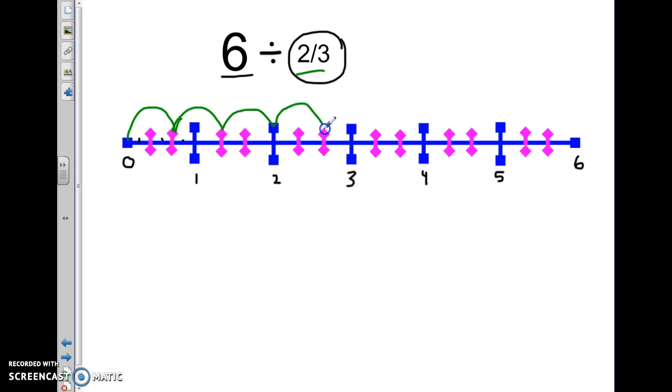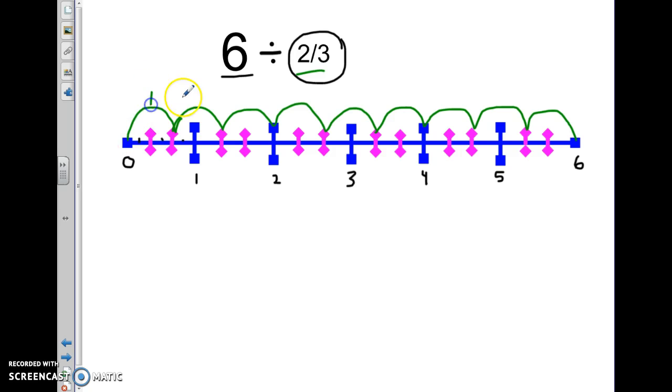The next one I just kind of leapfrog over these. So each of these little humps that I'm doing here represents a 2/3 section. All right, and then I finally landed on 6. So again, the question is how many groups of 2/3 there are. So I'm just going to count up each of these sections to see how many 2/3 there are, because each one of these represents 2/3.